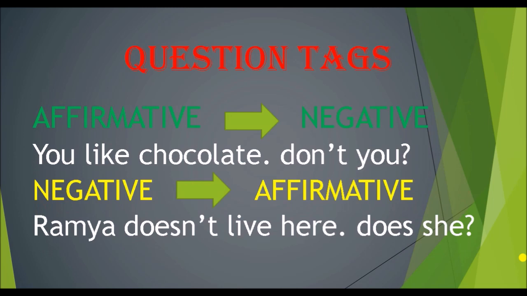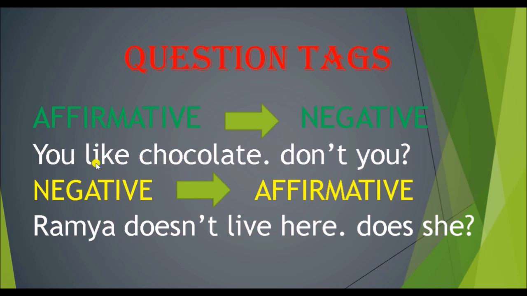Affirmative, again negative tag. You like chocolate, don't you? If the sentence has no auxiliary, there is no be form, no is, was, are, were, am, or can, could, may, might, will, would, shall, should. You like chocolate: subject, verb, object.